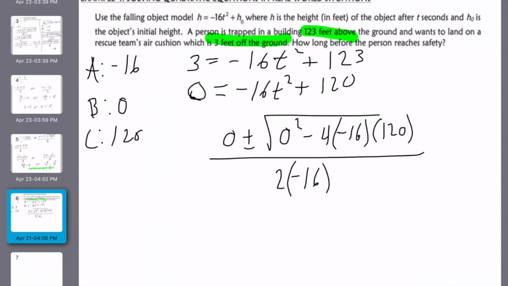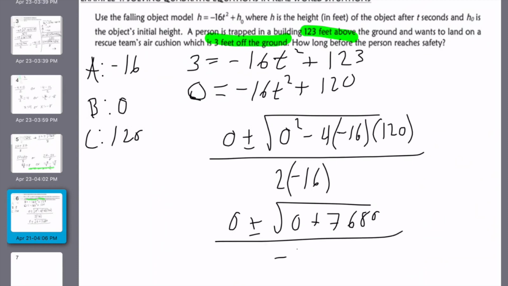So let me simplify this a little bit more. This is going to be 0 plus or minus the square root of 0 plus 7,680, all of that over negative 32.